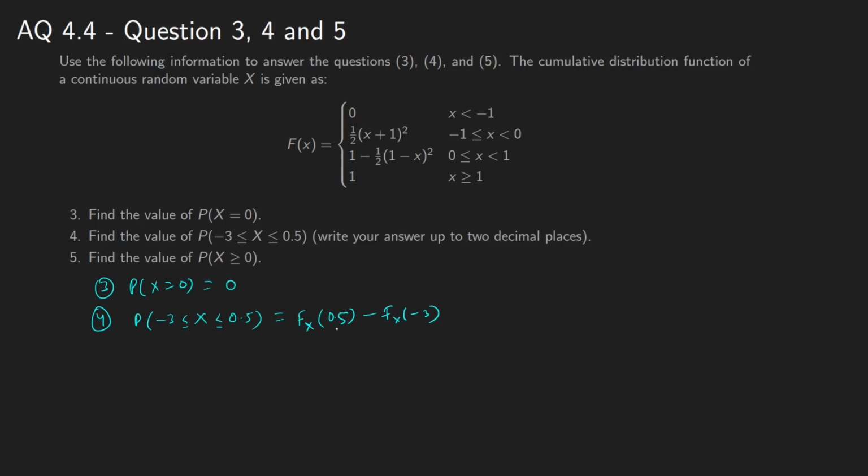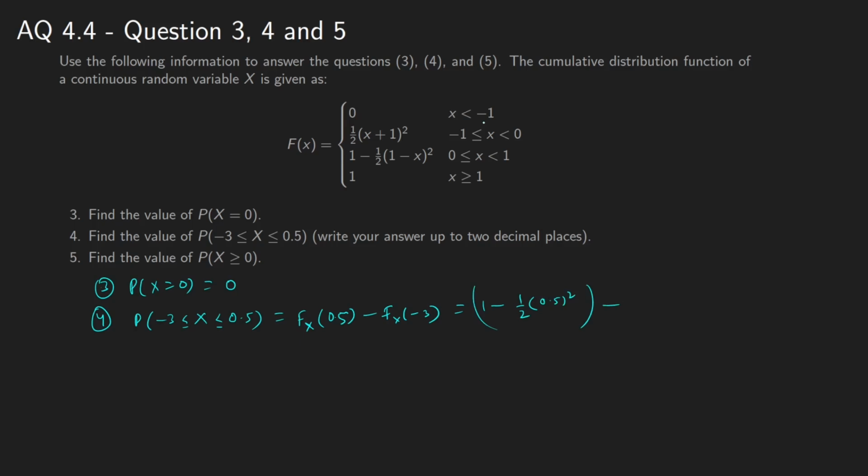So what is the CDF at 0.5? This is the CDF function, and we can easily use it to calculate. Between 0 and 1, this function holds. So 1 minus half times (1 minus 0.5) squared, that is 0.5 squared, minus the CDF at minus 3.